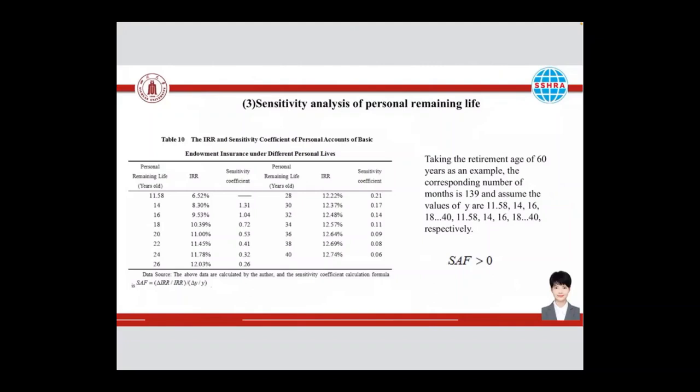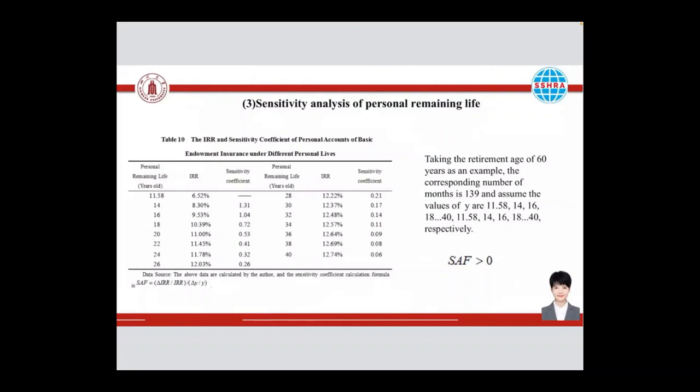This means that the individual account funds of basic patient will not be lost within the corresponding months of individual retirement age. Therefore, we only calculate the IRR corresponding to different personal remaining life after the patient balance of basic patient individual accounts is completed.